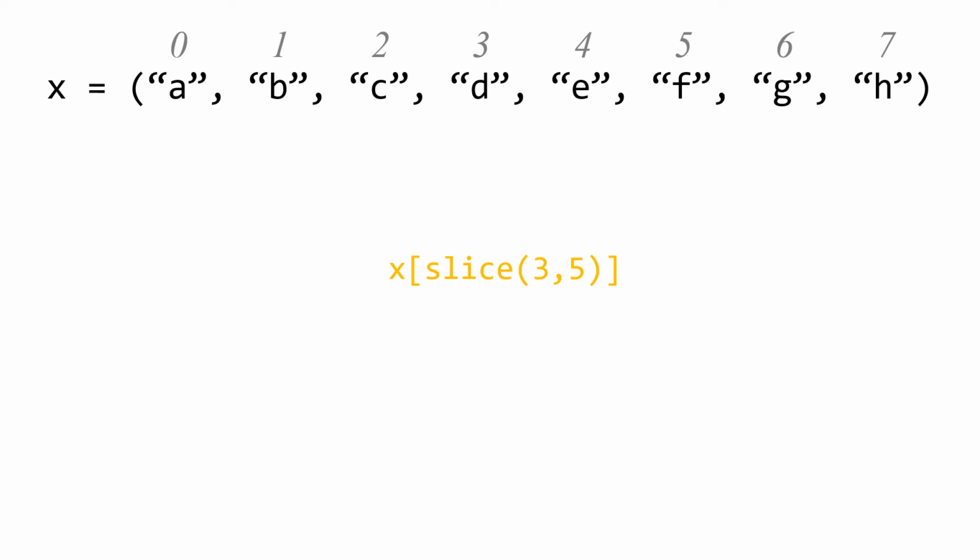So the first parameter is start. Number 3 will be taken for the start position, which refers to this position. Then the second parameter is 5, which will be taken for the end position, and that is over here.